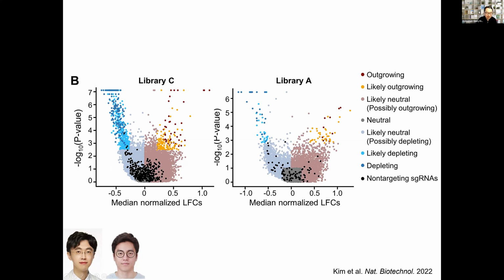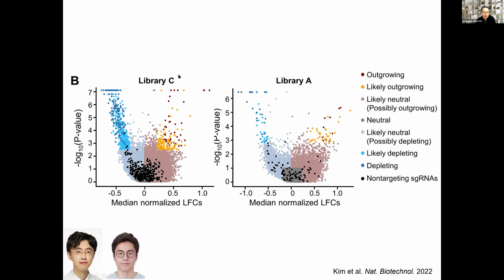Most of them are neutral here, so log fold change is almost 0. But some guide RNAs show an outgrowing phenotype, and some show a depleting phenotype. And the majority of them are neutral.